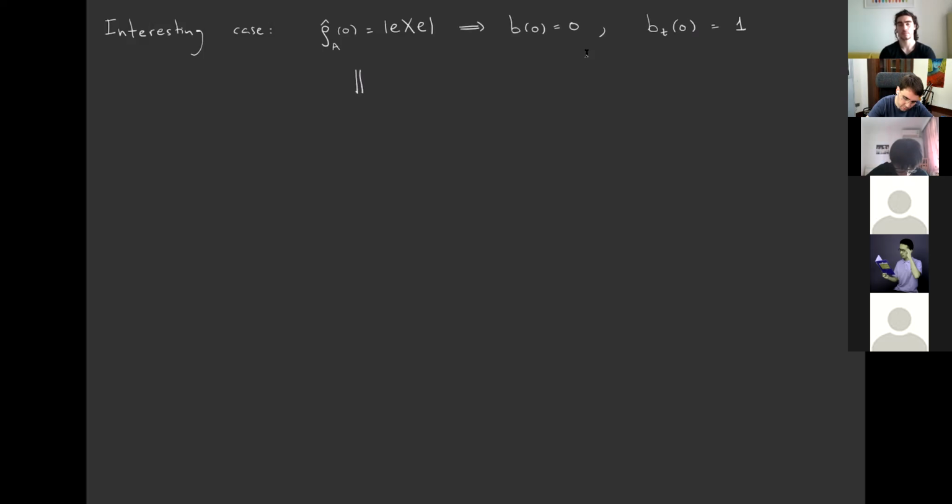Then, according to the solution that we have just seen, this atomic state at any time t will be equal to e to the minus 2 gamma t, the excited state, plus 1 minus e to the minus 2 gamma t, the ground state.